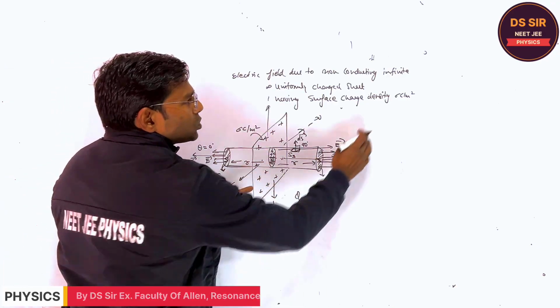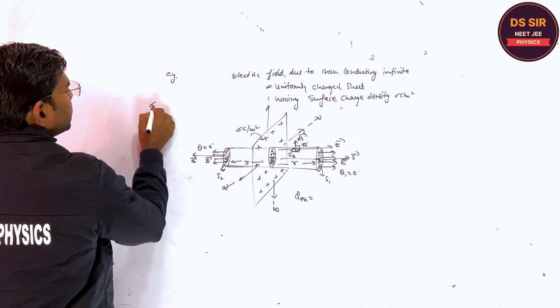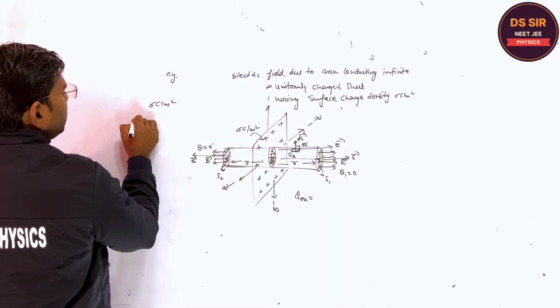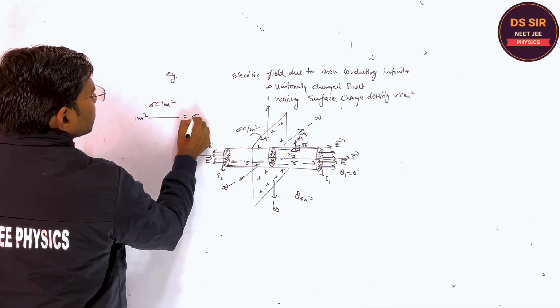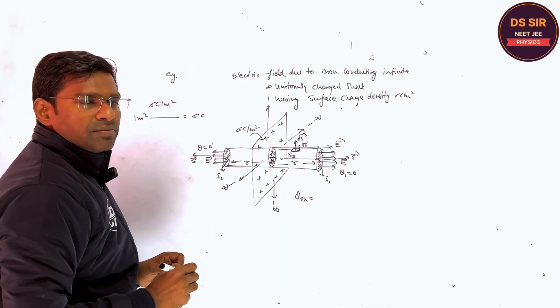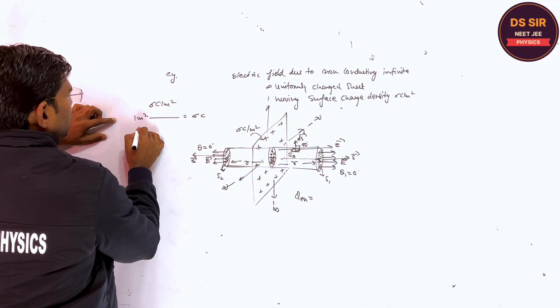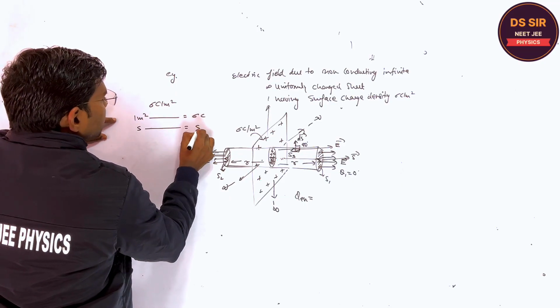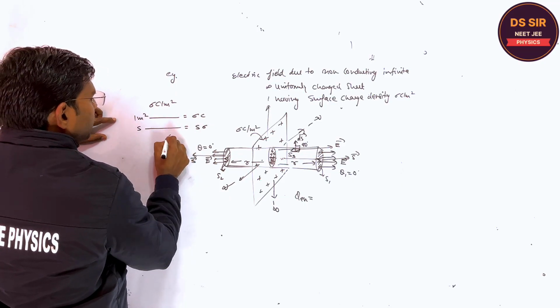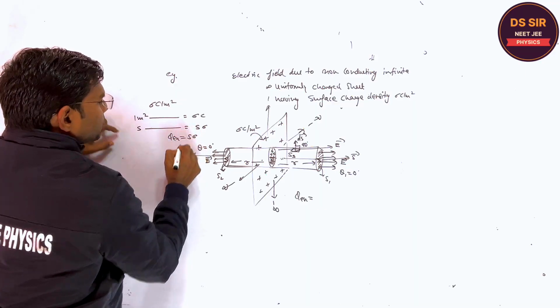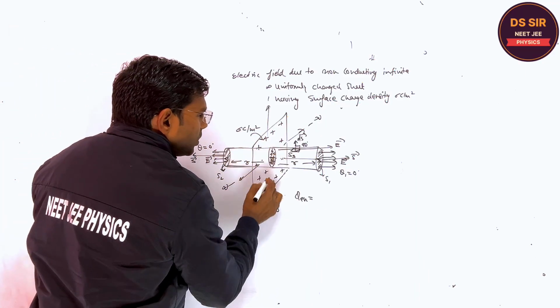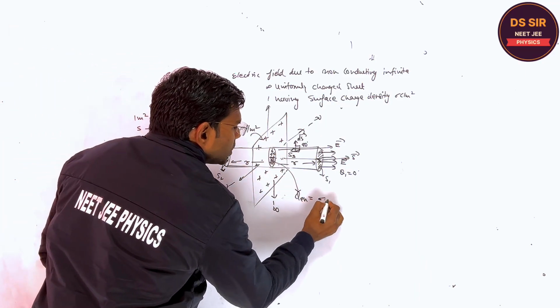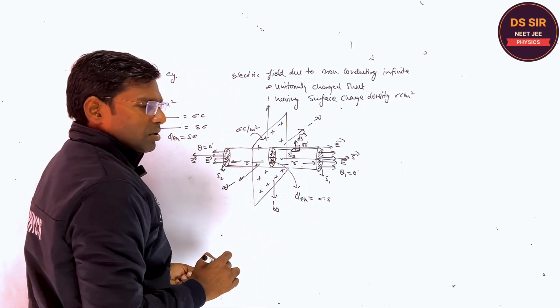Sigma coulomb per meter square means in 1 meter square the charge is sigma coulomb. So in S the surface charge is S into sigma. So this is the charge enclosed, equal to sigma into S. You understand this or not?